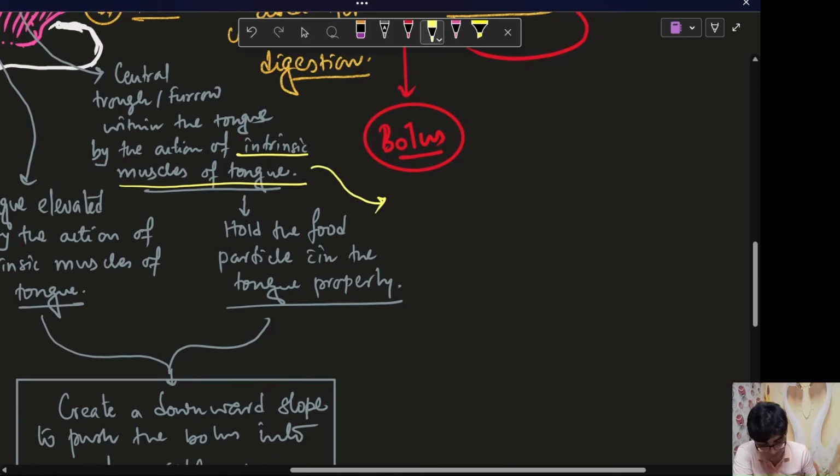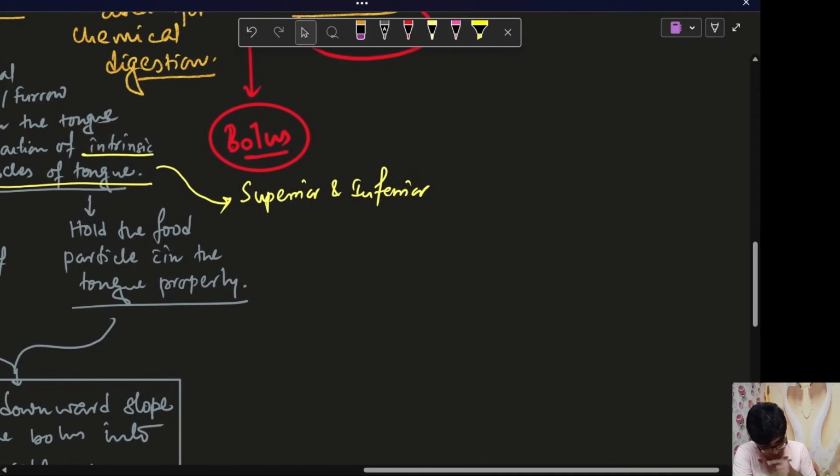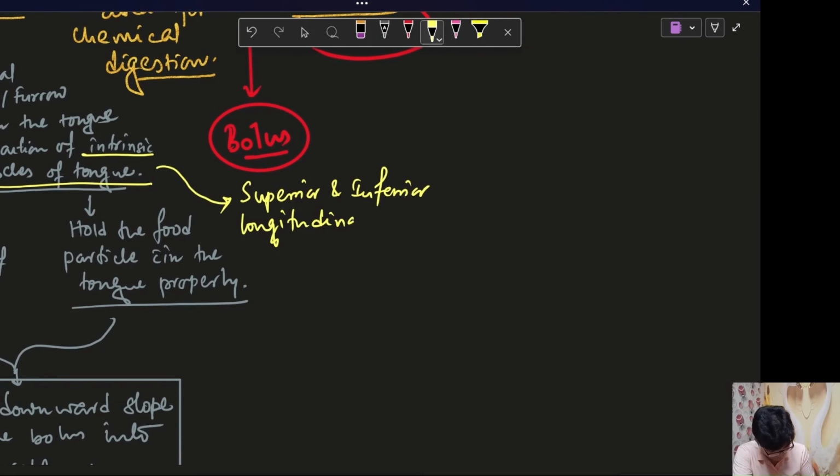These are the superior and inferior longitudinal, vertical and transverse muscles.